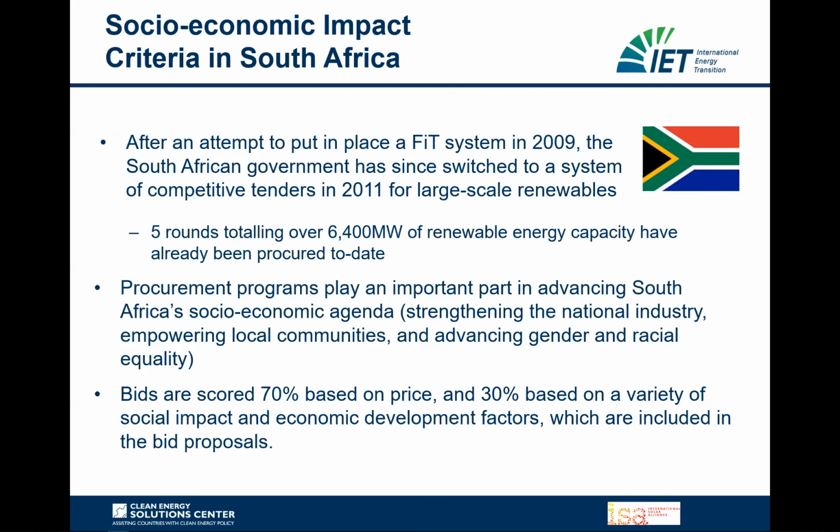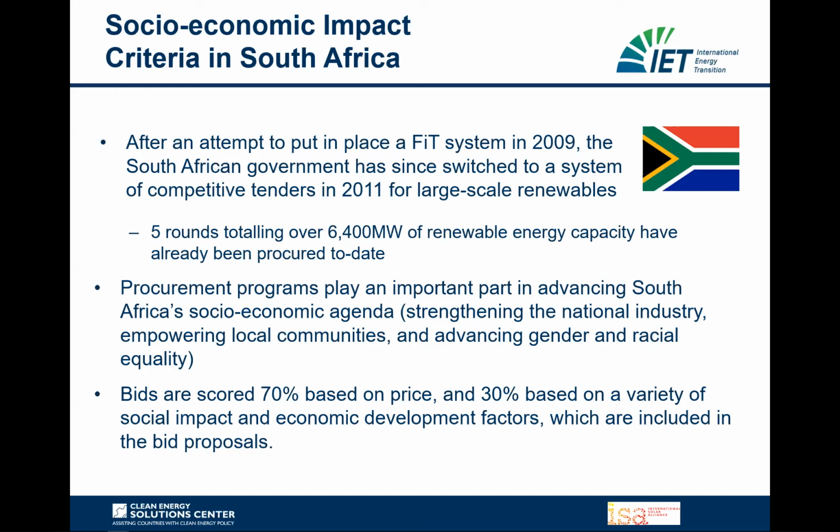I also wanted to take a closer look with you at the case of South Africa, because they have been really one of the leading case studies when it comes to building other socio-economic benefits into their auction design.